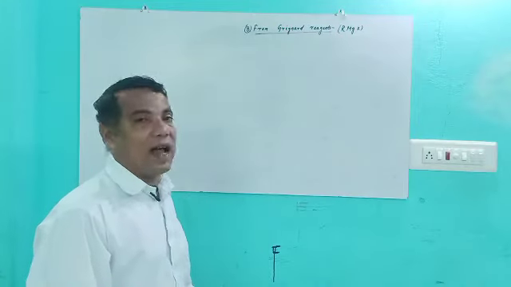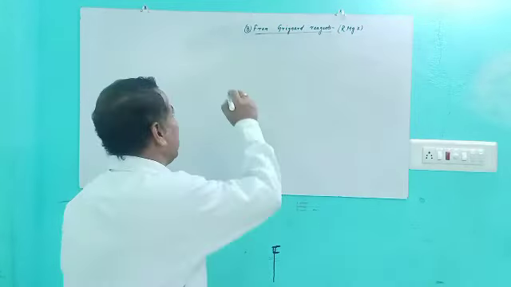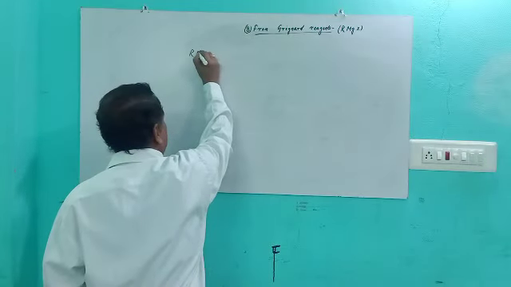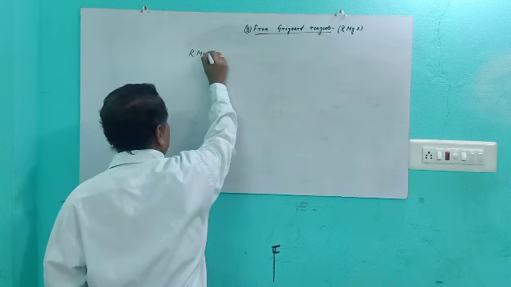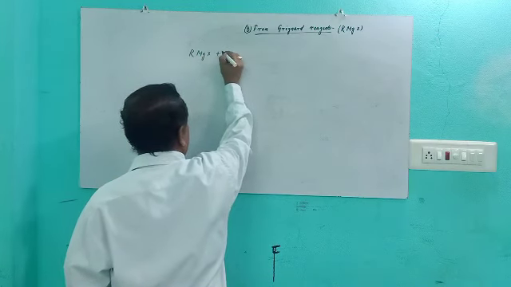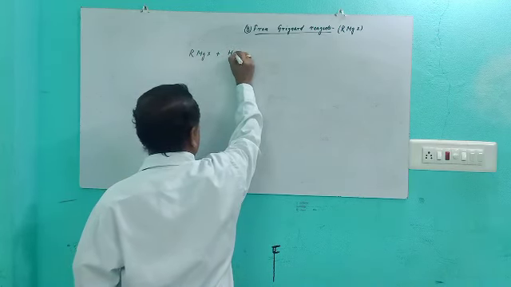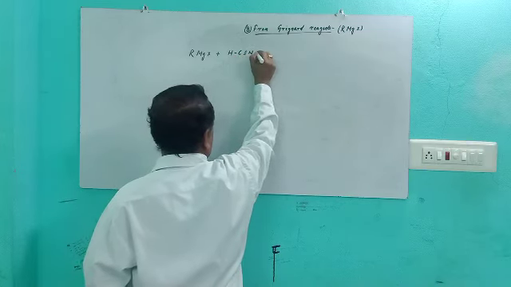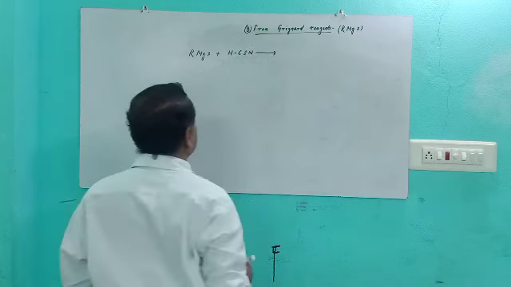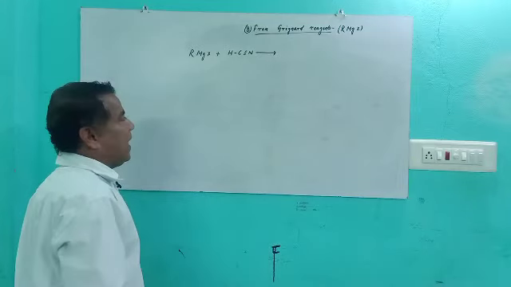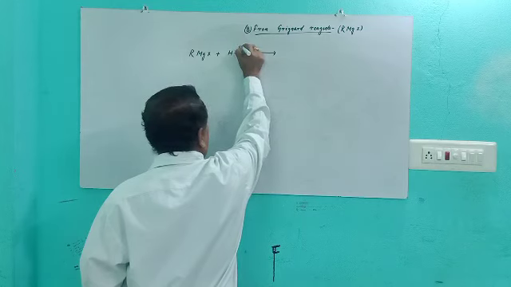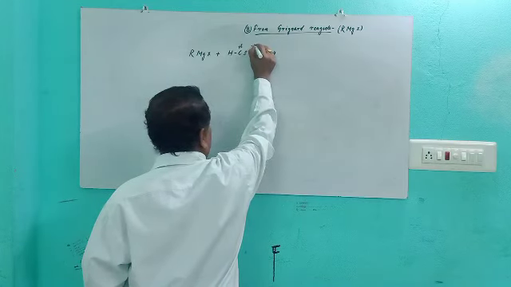Then comes how an aldehyde can be prepared. When a Grignard's reagent, that is RMgX, is treated with hydrogen cyanide, HC triple bond N, the carbon is delta plus and nitrogen is delta minus.